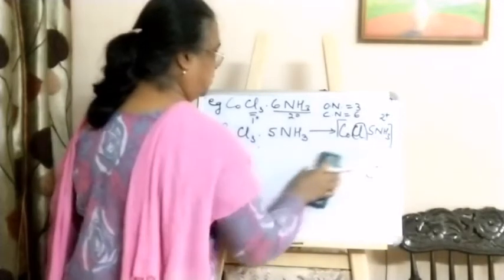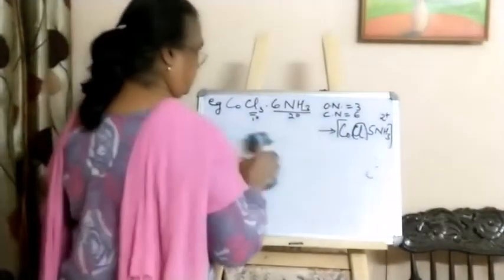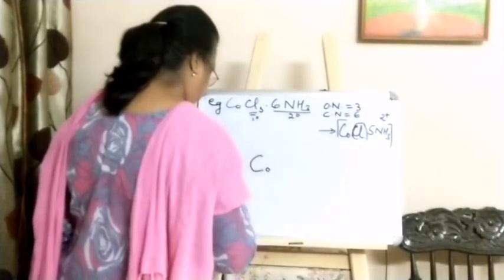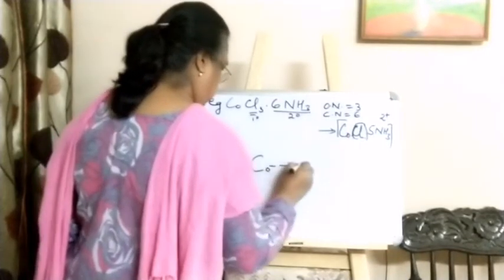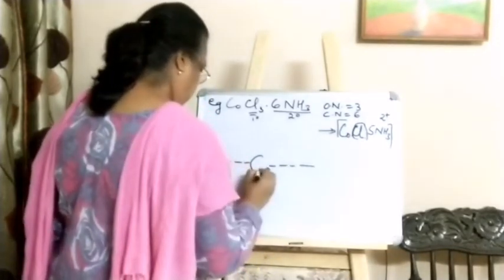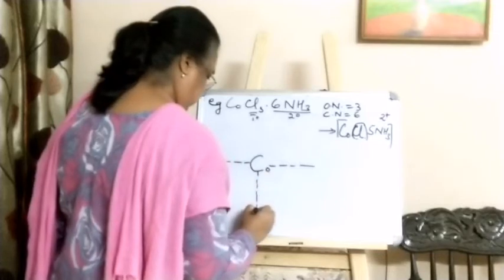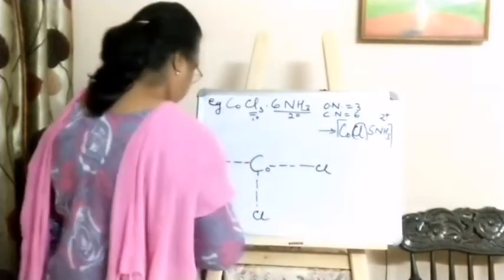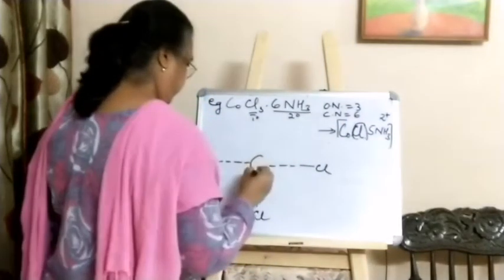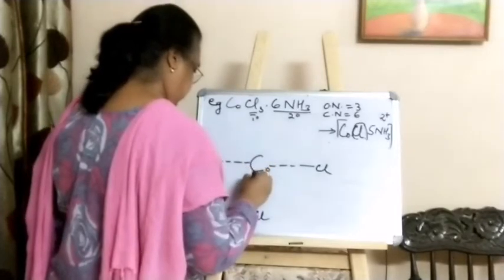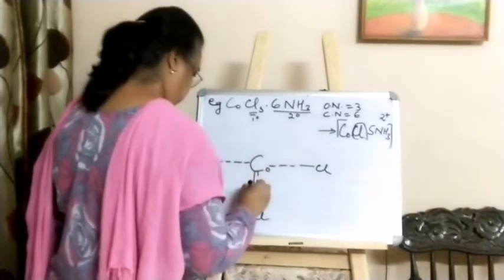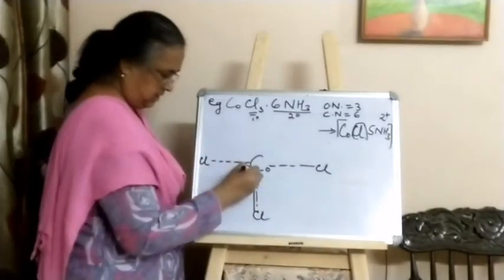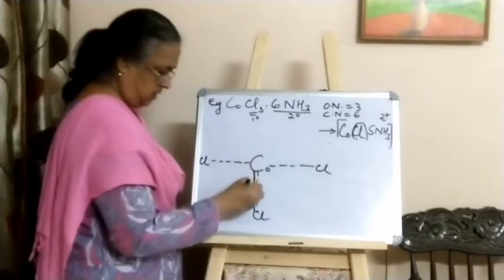So if we draw the structure for this, what structure will we have? Cobalt, and we have got three chloride ions, and one of these chloride ions is attached with the primary as well as secondary valency. So dotted line as well as continuous thick line.